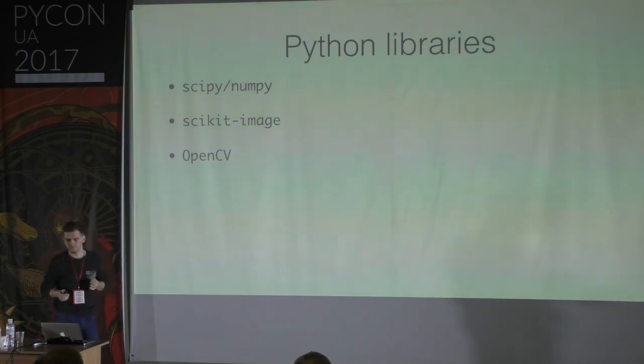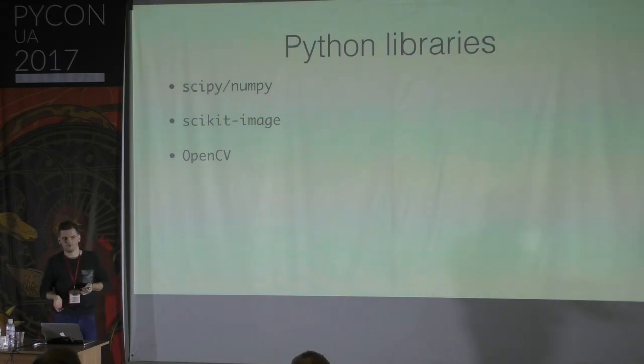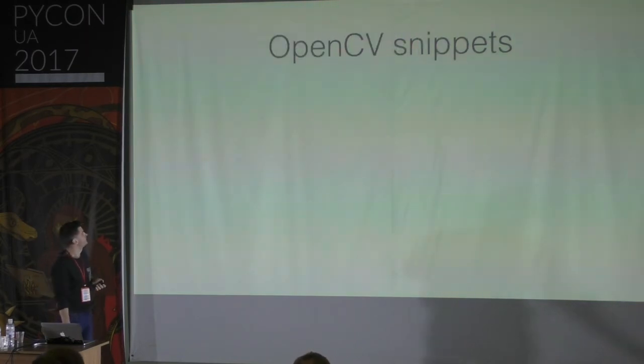There are functions and methods for all the algorithms that I was talking about. There's also OpenCV. It's a binding from Python to C++, which is less Pythonic, obviously, but it's a very popular and very powerful library. And here are some examples using OpenCV.